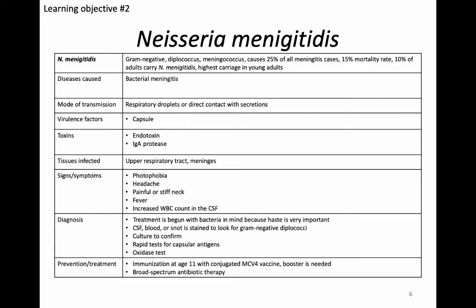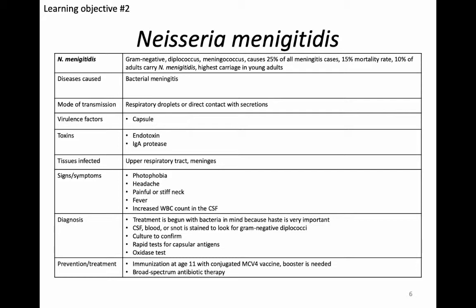So we're going to discuss bacterial meningitis, which is caused by the gram-negative bacteria Neisseria meningitidis. Meningitis can be caused by viruses or other microbes, but the most common cause of meningitis is this gram-negative bacteria.